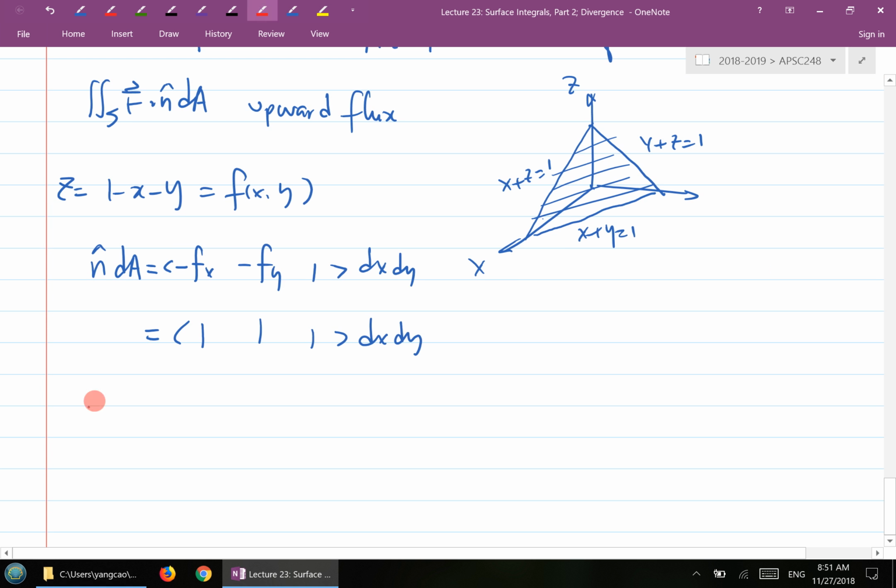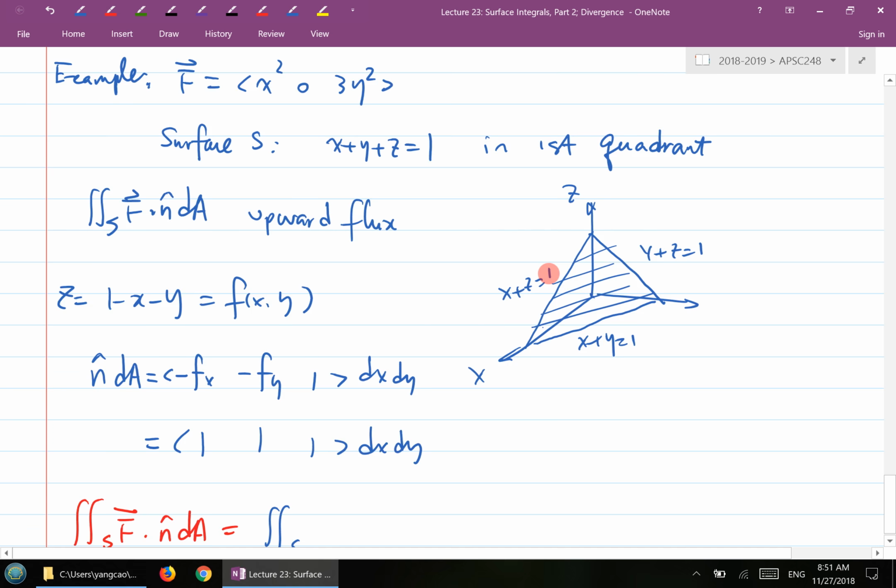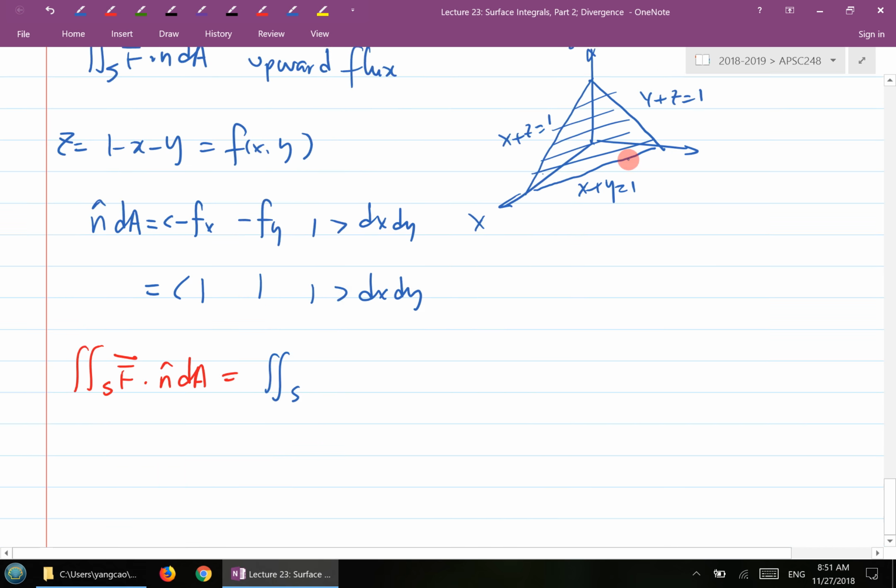Okay, so now I'm ready to calculate my surface integral. F here is x squared, 0, 3y squared, dot n hat dA, which is 1, 1, 1 dx dy.